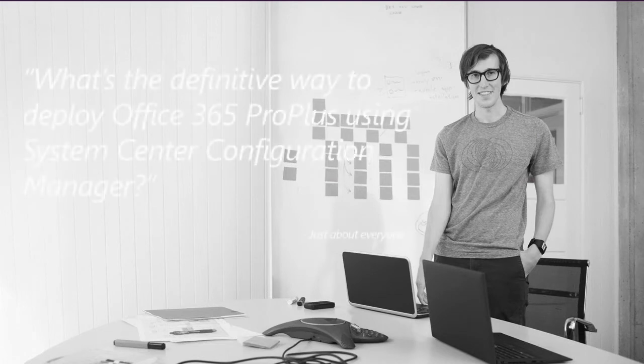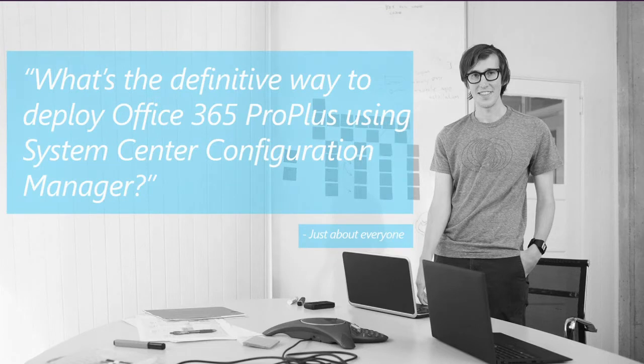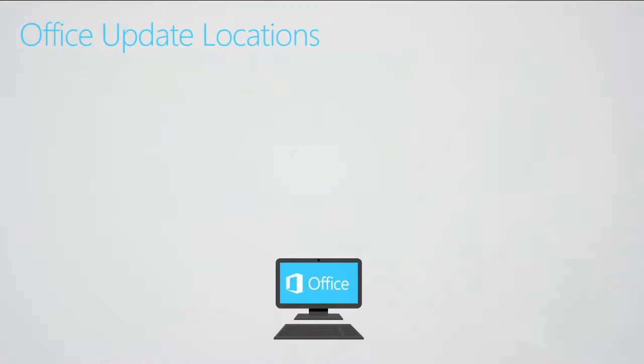So I keep getting this question. What's the definitive way to deploy ProPlus using SCCM? I'm hearing that from a lot of folks. So let's talk about that. What are the different ways to actually get your updates? And we're going to go through this step by step to understand how the device is actually deployed to.